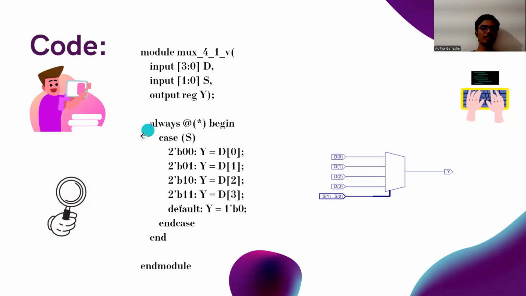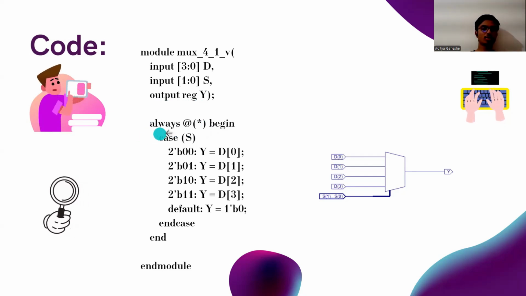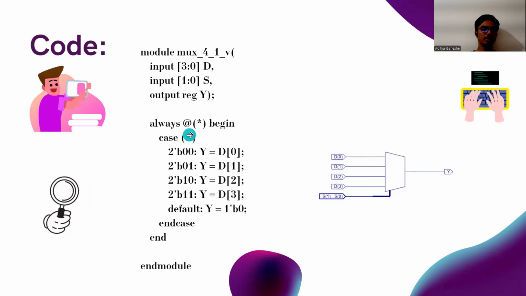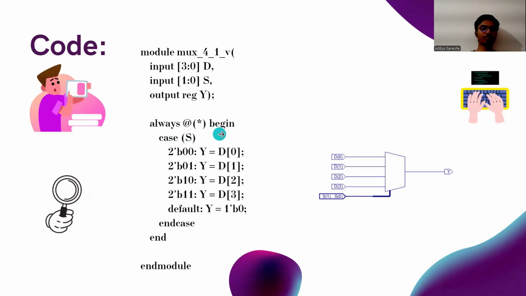Then comes the main part: the keyword always, then @ with the star in brackets, then begin. In begin, we are using the case statement for our 4 is to 1 mux.